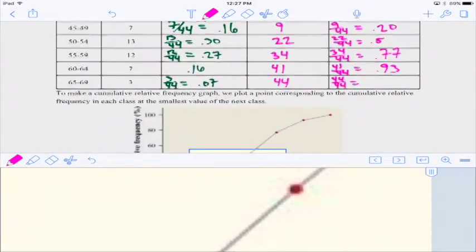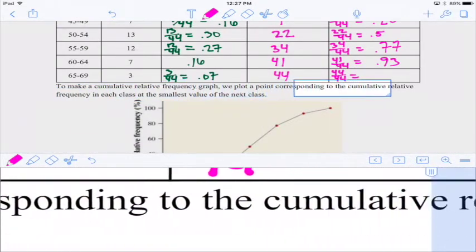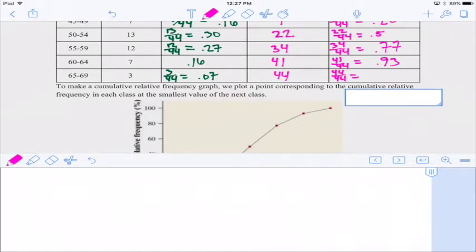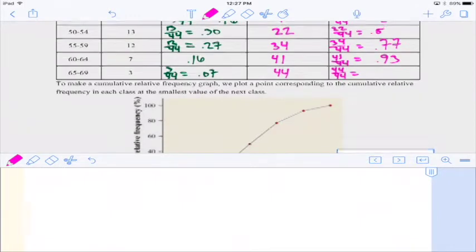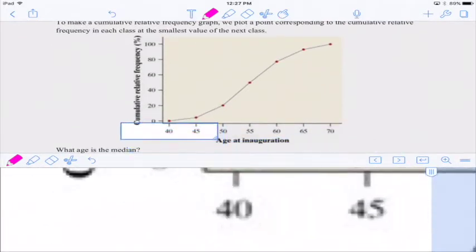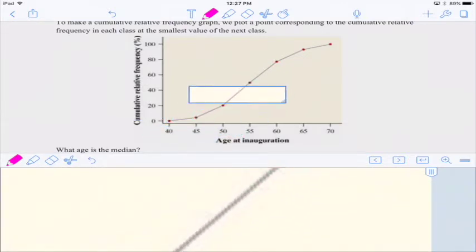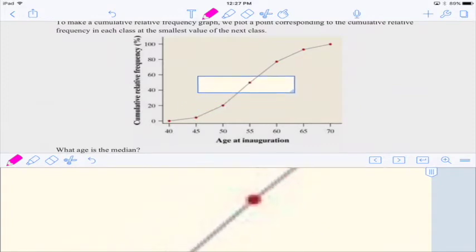Okay, so to make a cumulative relative frequency graph, we plot a point corresponding to the cumulative relative frequency in each class at the smallest value in the next class. Okay, so we did all this stuff. So the age at inauguration, so 44, then we added a little bit. So we could see here where it's steeper, this is where we had the most people.